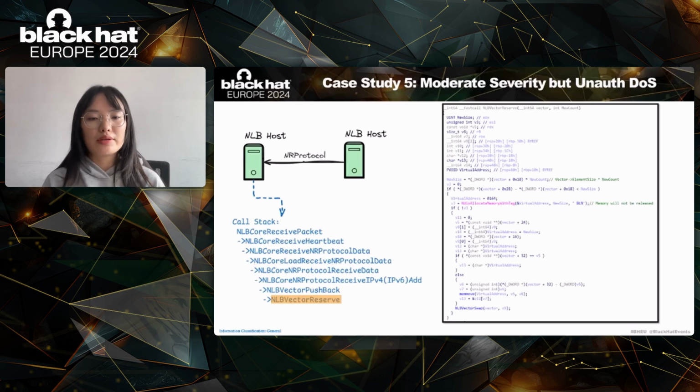However, through our analysis, we found a big problem. The non-paged memory isn't released in the code. Every time NLB vector reserve is called, it increases the allocated memory size dynamically, with each expansion increasing by at least 1/3 of the current size. Because non-paged memory is very limited in kernel space, this repeated growth quickly uses it up.